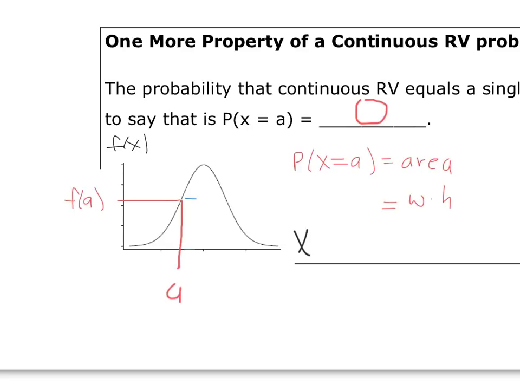All right, but what is the width of that area under the curve over a? Well, the width we might think of getting as the difference between a and a, which of course is 0. So what we end up with is this area is equal to width of 0 times some value, but anything times 0 is 0.